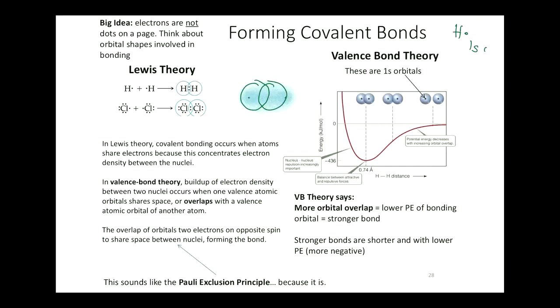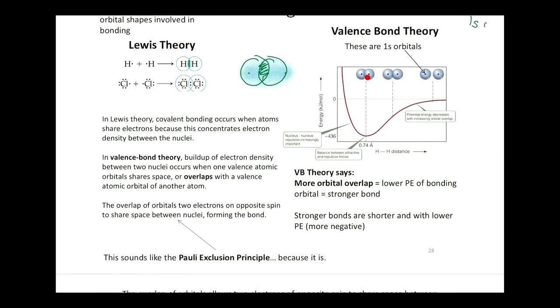And when those 2 spheres overlap, that overlap, like a Venn diagram, is what produces the covalent bond. It's the space between here, the electron sharing. That's equivalent to right here in our Lewis theory. And the more overlap that we get, the stronger the bond.